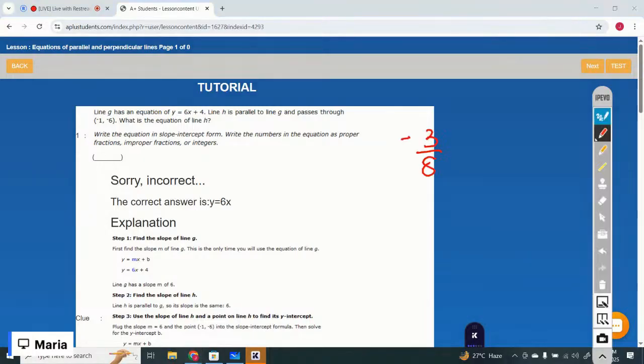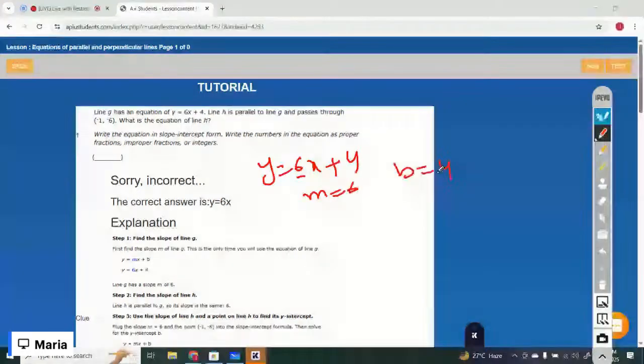Line H is parallel to line G, so the lines are parallel. The equation is y equals 6x plus 4, right?